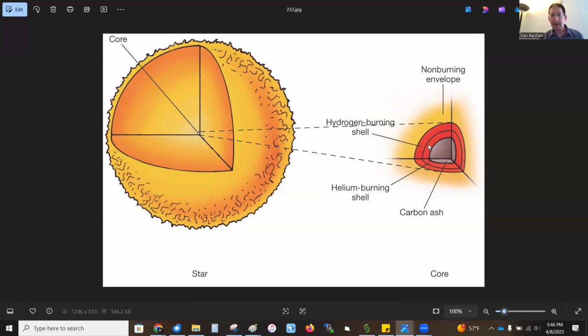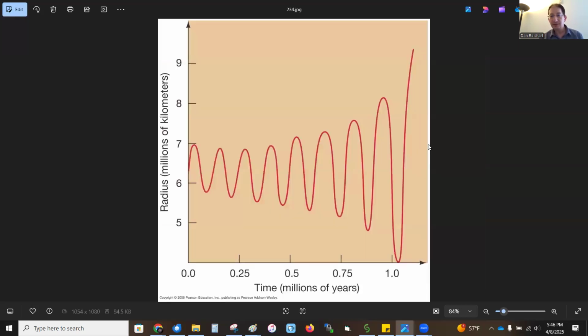And this makes the outer layers of the star unstable. They start to oscillate wildly. Well, on a timescale of like 1,000,000 years, right? This is not like over the course of a couple hours or days. Over the course of 1,000,000 years, the stars are getting bigger, smaller, bigger, smaller, but the amplitude is increasing.